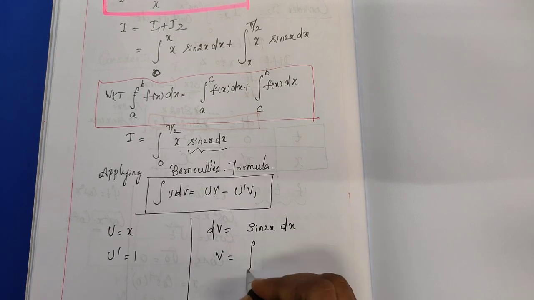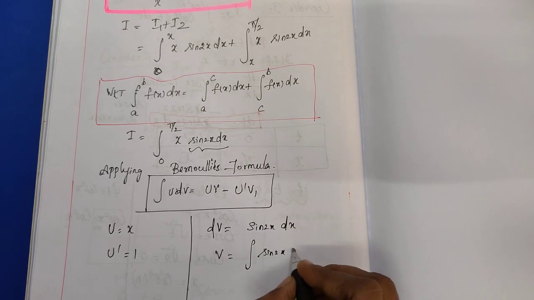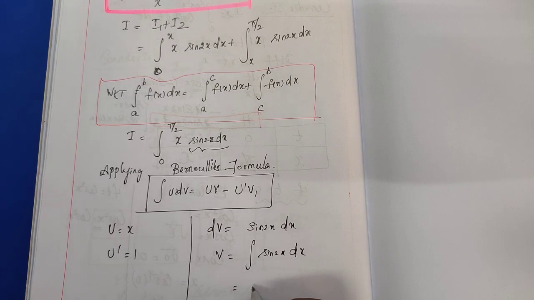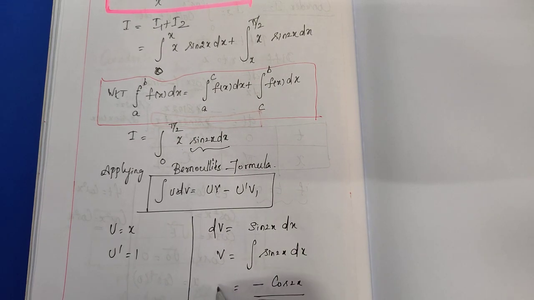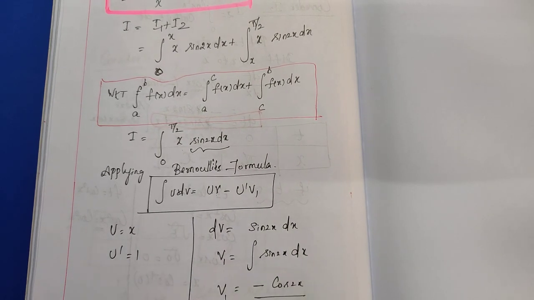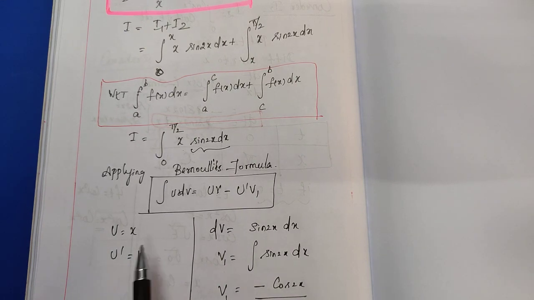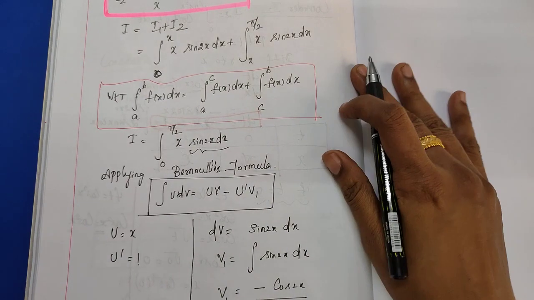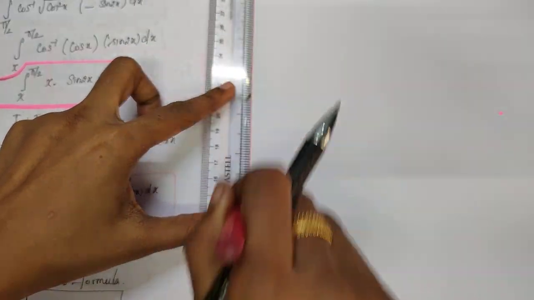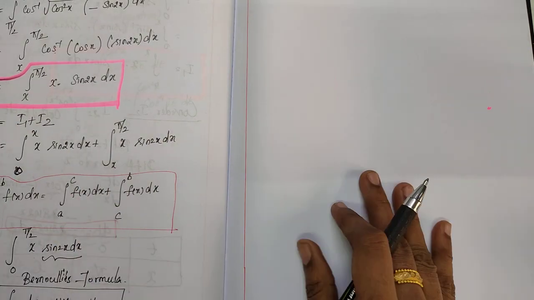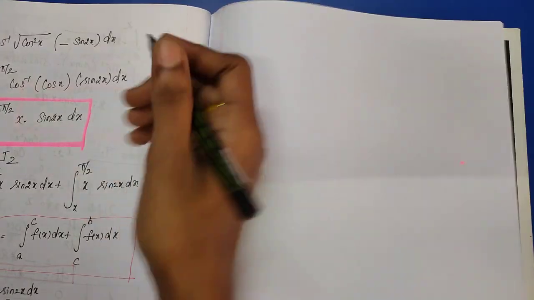So v is equal to the integral of sin 2x dx, which is minus cos 2x by 2. That is v. So u dash is 1, and v1 is needed. Now apply the formula.